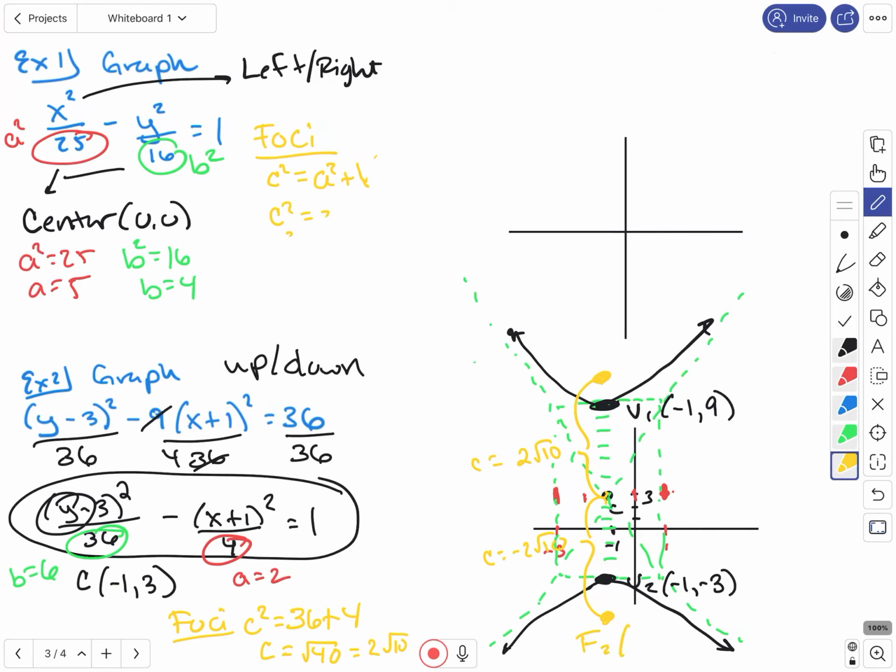This focus is x equals negative 1 still, and we're just moving down from the center, so 3 minus 2 root 10. And this focus up here stays at x equals negative 1, but starting at the center value of 3, it's going to move up 2 root 10.